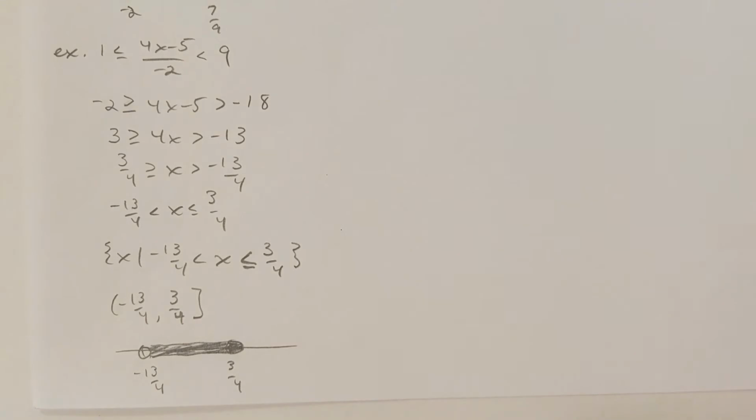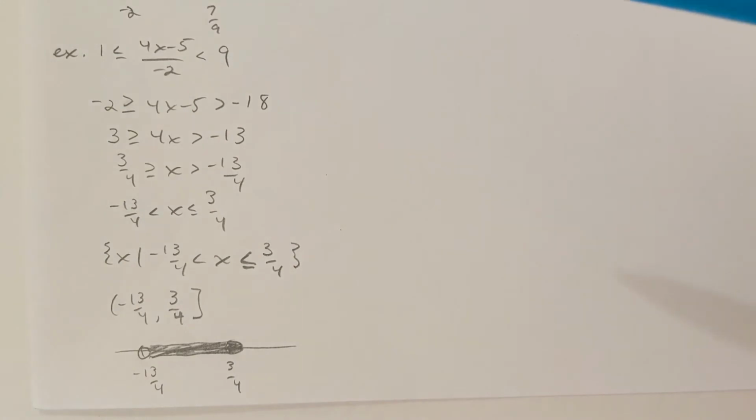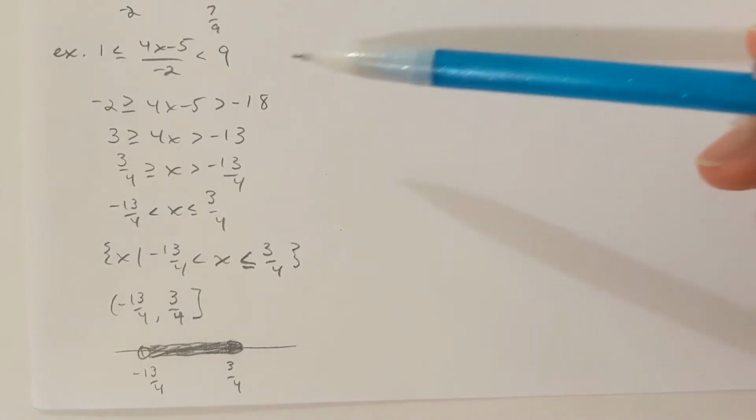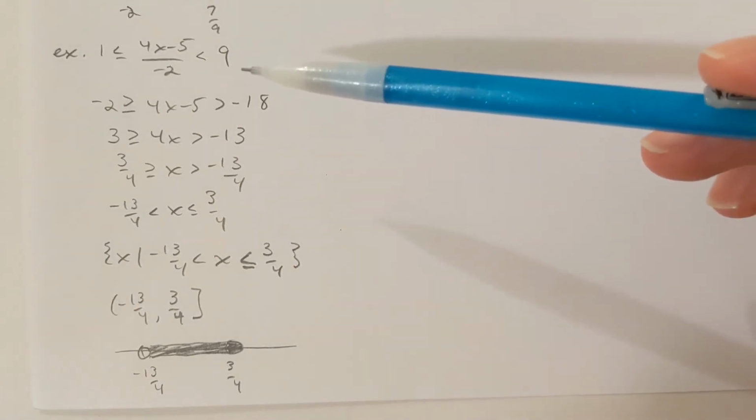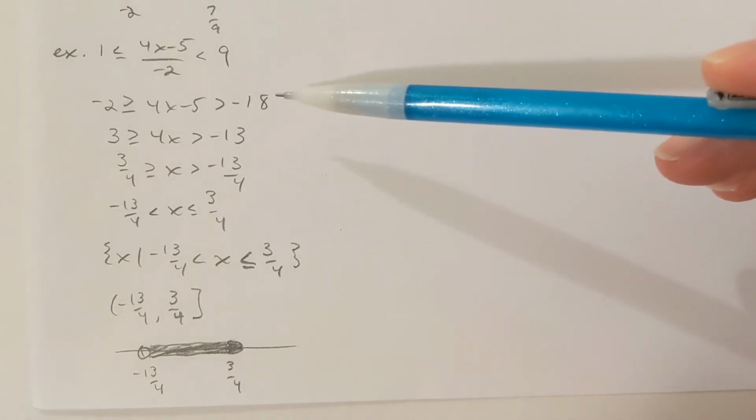Okay, and suppose that 1 is less than or equal to 4x minus 5 divided by -2, which is less than 9. If I multiply both sides by -2, the fact that I'm multiplying throughout by a negative means I've got to flip both of the signs. So -2 is greater than or equal to 4x minus 5, which is greater than -18.